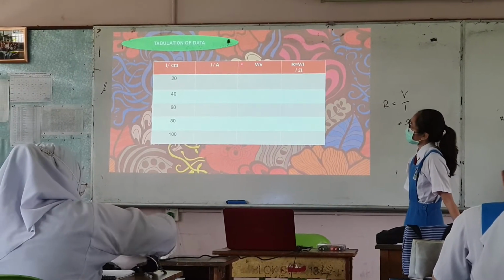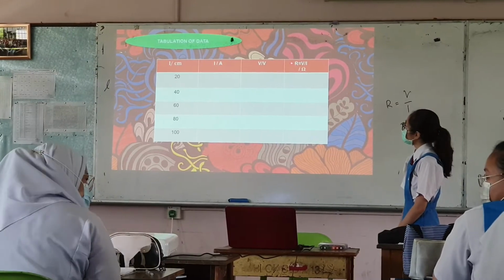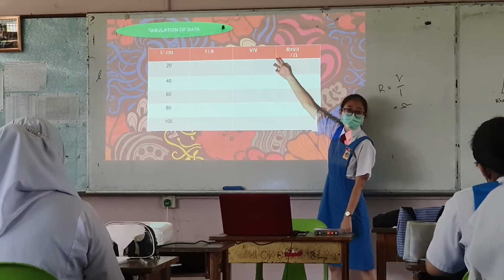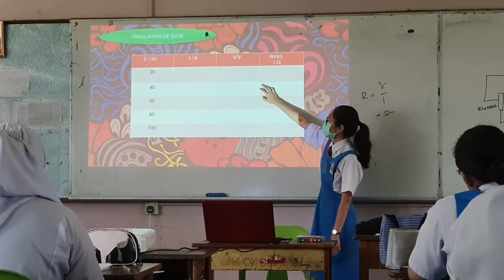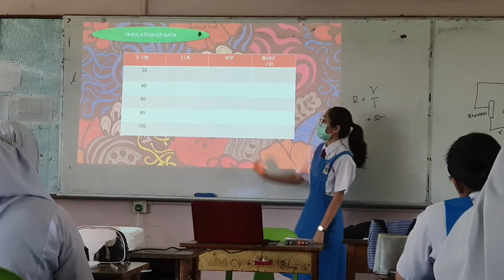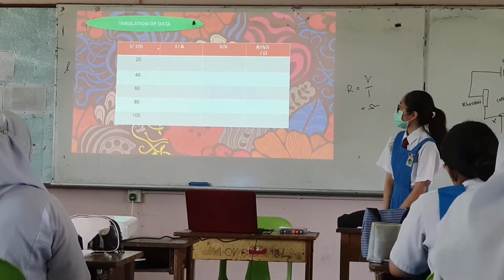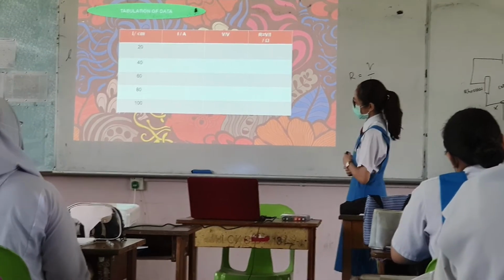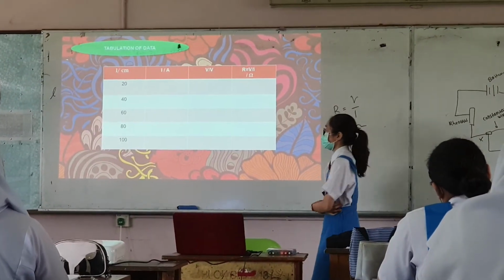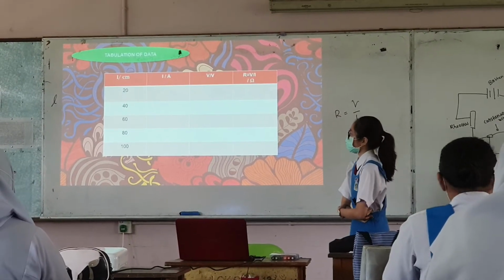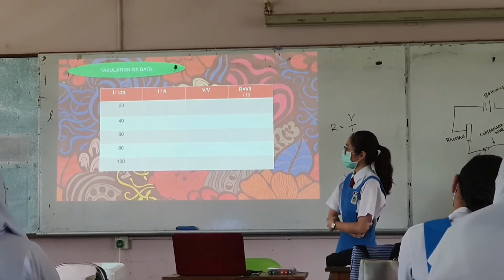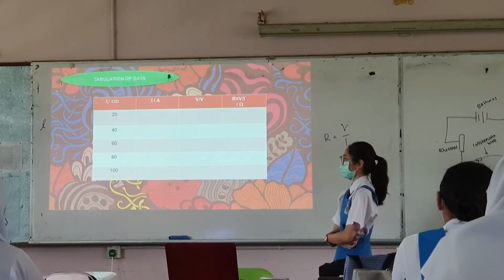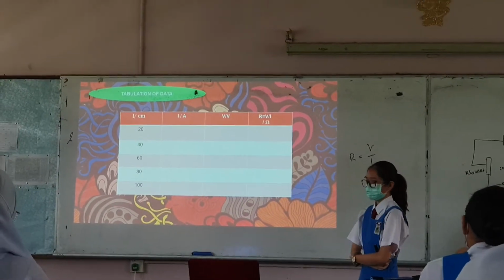Here is voltage, V stroke V. And then here, resistance, R stroke ohm. The name of the physical quantity. It means that you need to write in front here, comma. Okay, current, I stroke ampere. That will be better. But for your answer, in the procedure just now, it is very clear what is represented by L, I, V, and R. Okay, but better to have that extra in your table.